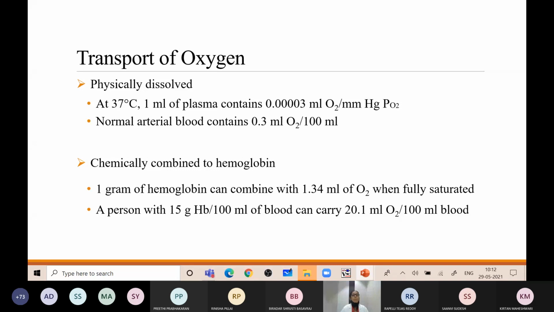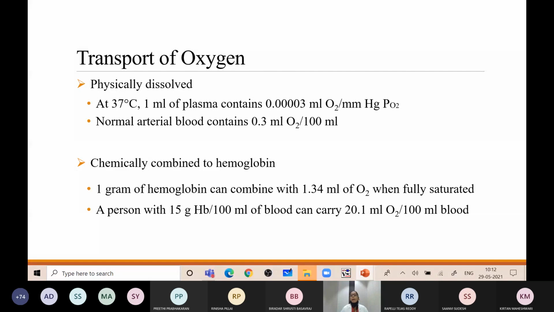In the physically dissolved form, at normal body temperature, 1 ml of plasma contains 0.00003 ml of oxygen per mm of Hg PO2. That means normal arterial blood contains 0.3 ml of oxygen in a dissolved form per 100 ml.